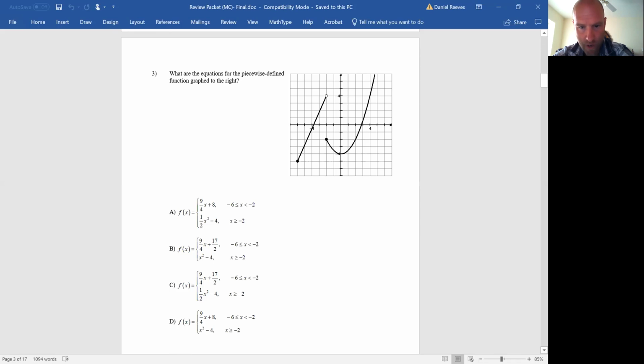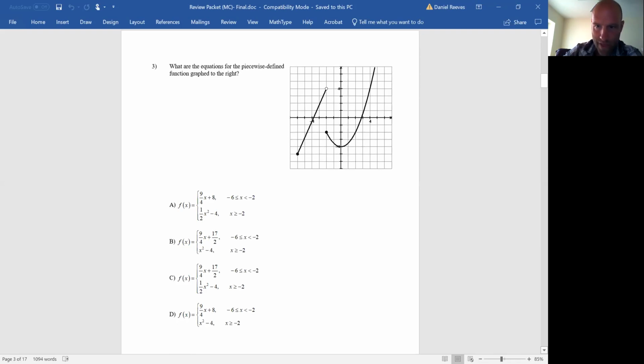So that's the one that I want, the 17/2 one, and that should pair up with the 1/2. So I think I'm looking at C. C for my answer. So 3, I think it is C. To sum that up, I saw which one it works if I plug in the point -6 comma some integer, and it looks like -5.